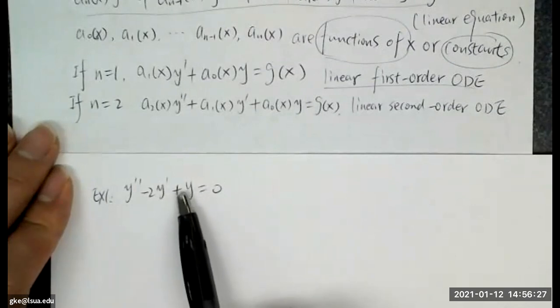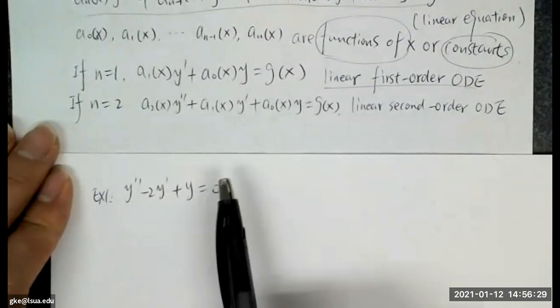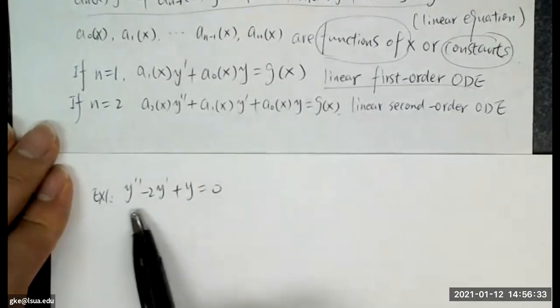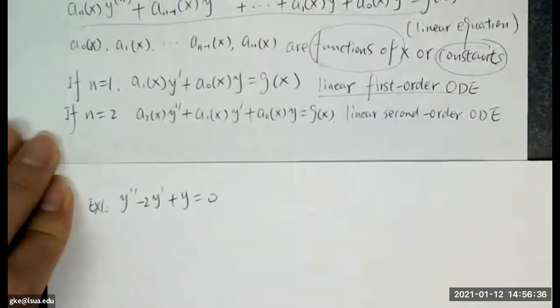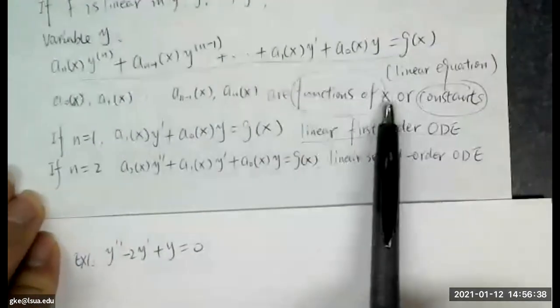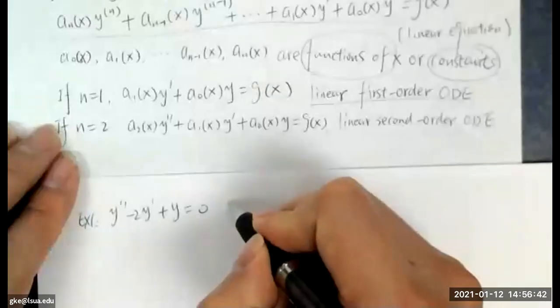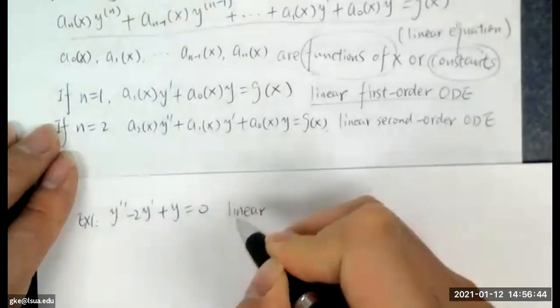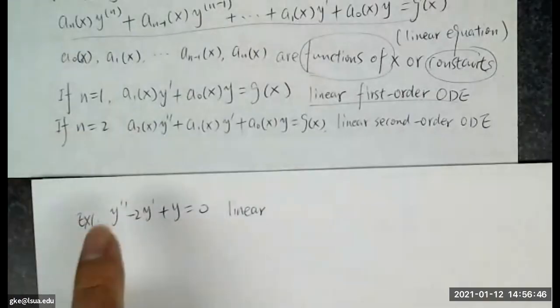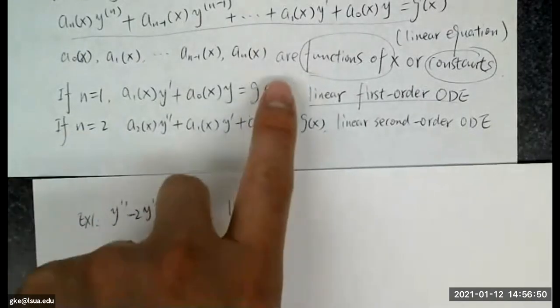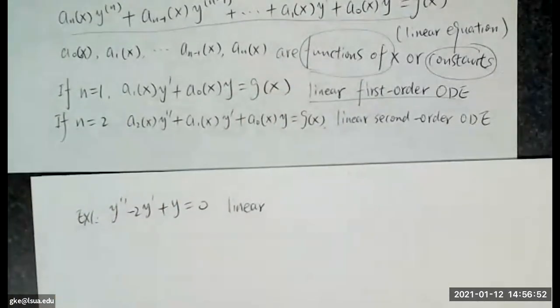And here the y has 1. And the right side, that is 0, right? That is gx. So it's a constant, right? Constant. So a function of x or constant, based on definition, that is linear. Very clearly, okay? Because the coefficient is 1, -2, 1. Here is a 0. Gx can be 0, okay? So it's a linear, very good.